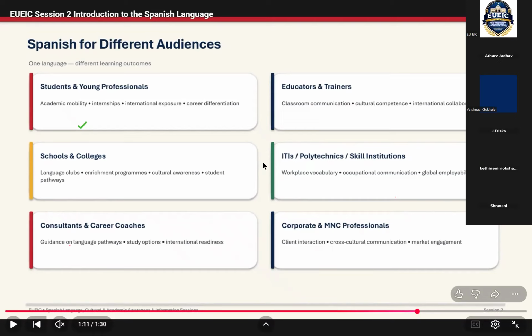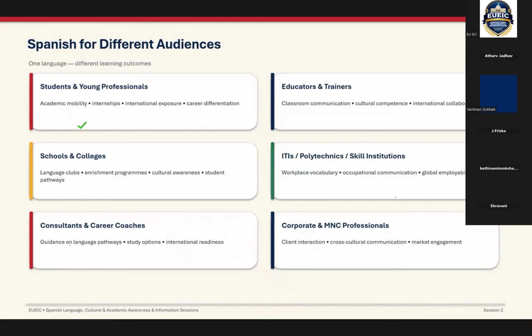They all require Spanish language because of the networking and the market that is emerging in India and outside of India, which is Spain and Latin America. They require people, say, from India who can speak Spanish language, because English is not spoken as much there as we speak in India, right?